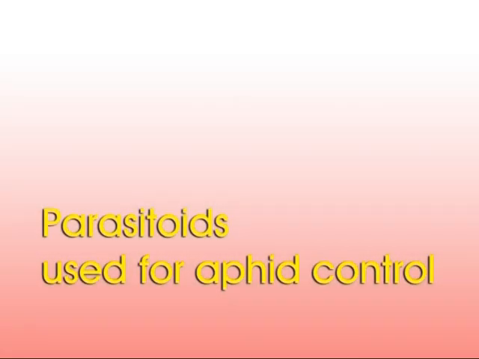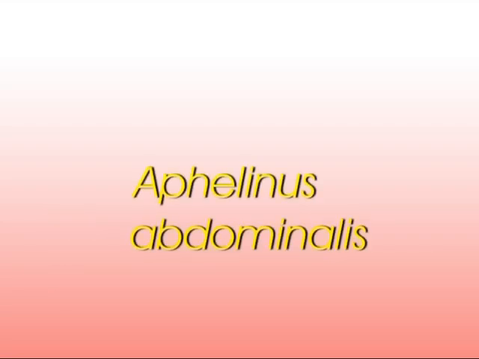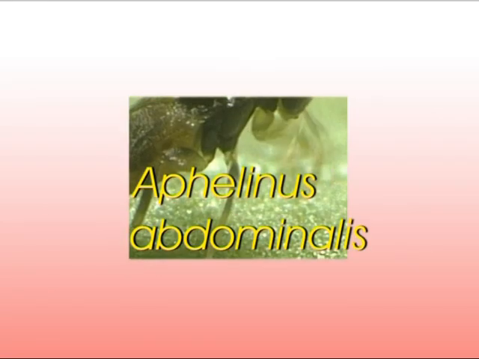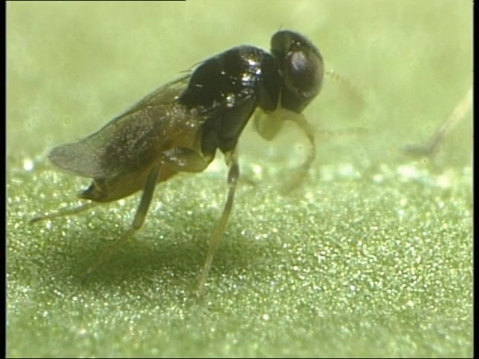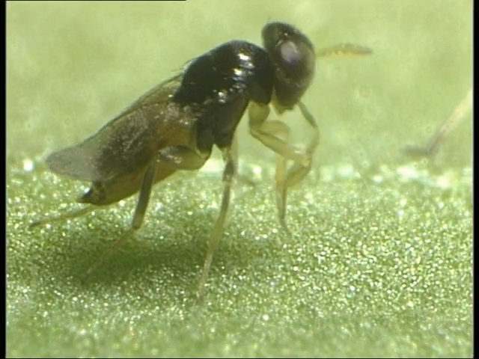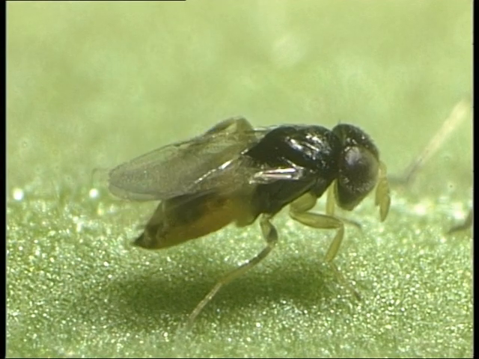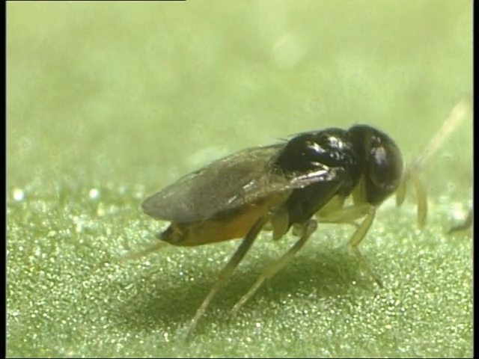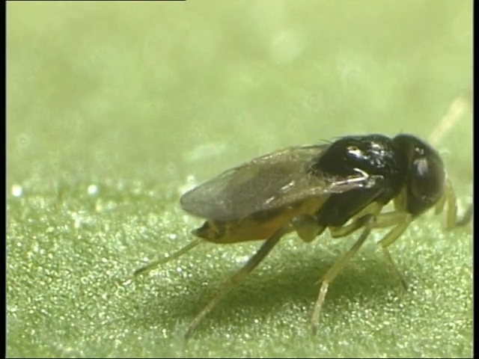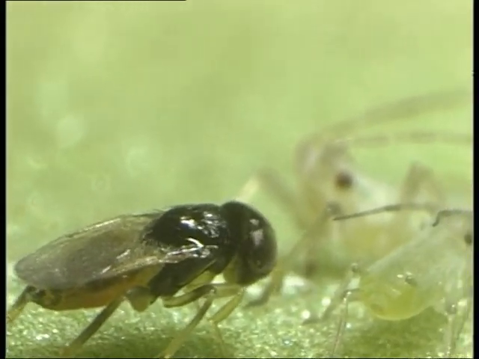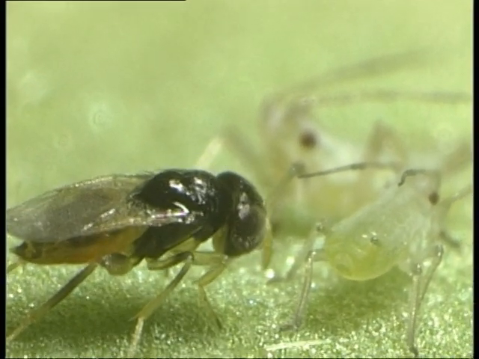Parasitoids used for aphid control. Several species of parasitic wasps require aphids as hosts and are regarded as efficient biological control agents in greenhouses. Aphelinus abdominalis approaches its hosts very cautiously and inserts its ovipositor generally unnoticed by the aphid.